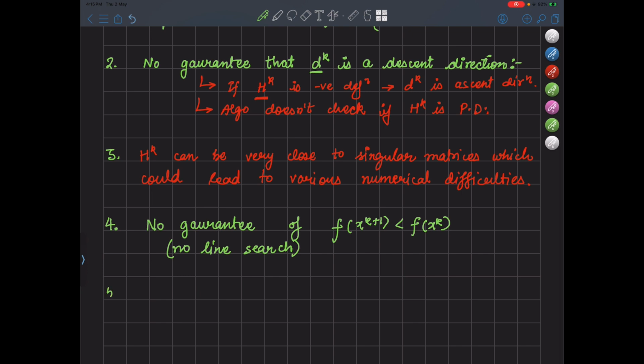And the number of iterations is sensitive to initial points for non-quadratic functions. For a quadratic function, it converges in one step, but in non-quadratic functions it is very sensitive to the initial point. So the number of steps required to finish the optimization may be very huge if you take one point, and maybe very less in other points. So it's very sensitive to the initial point.